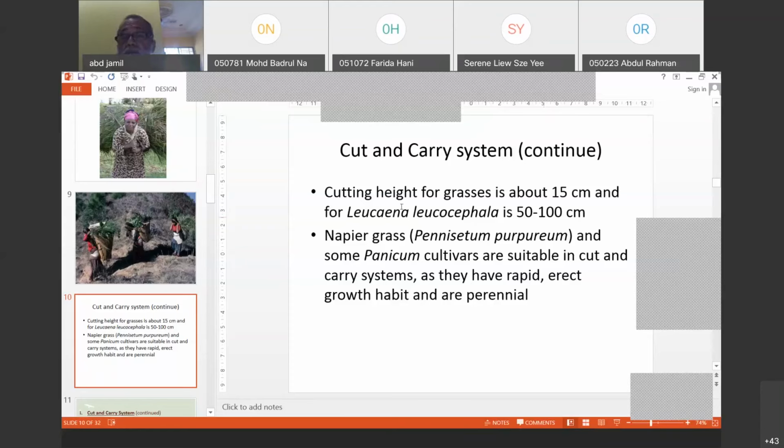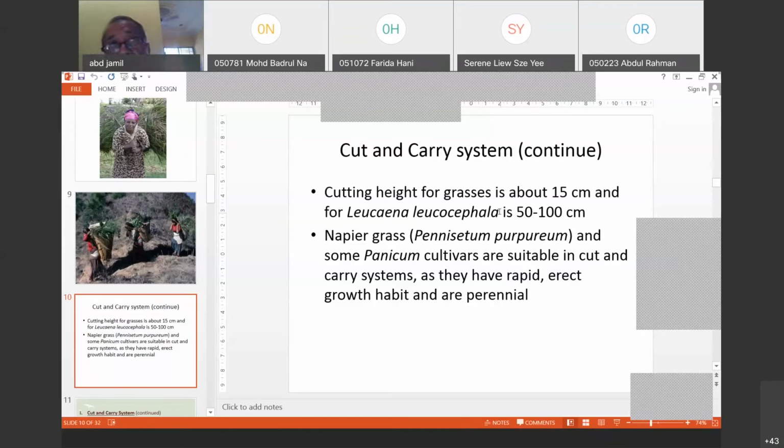Okay, it contains very high protein because it's a legume, and you can give up to 30% of the feed per day. You cannot give more than that because it contains the toxin mimosine. Mimosine, if given more than 30% of the diet, can poison the animal.